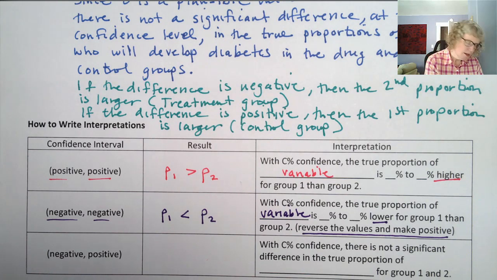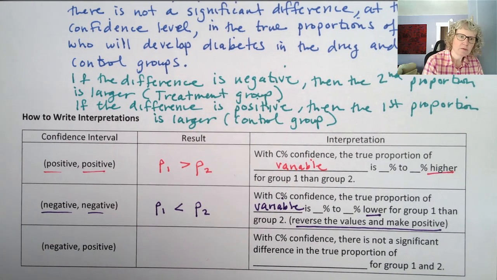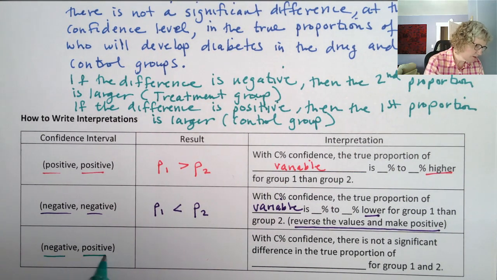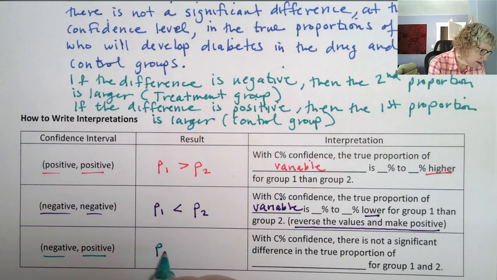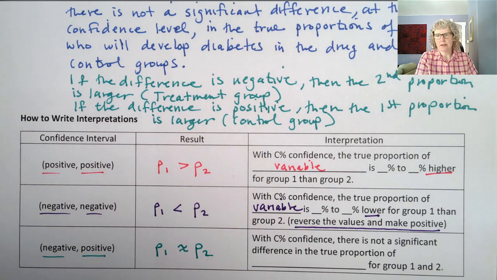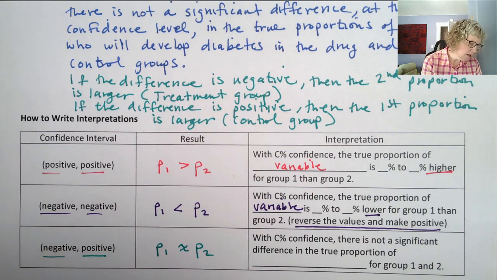Third case, negative to positive, and that is the other one we saw in part E here. In that case, we're estimating that P1 is about the same as P2, or we can't tell a significant difference between the two, so I'll write approximately equal.